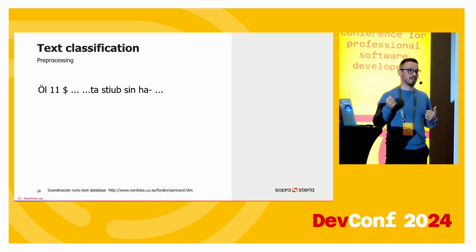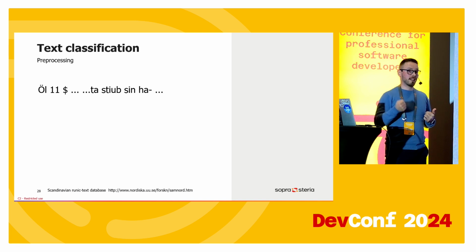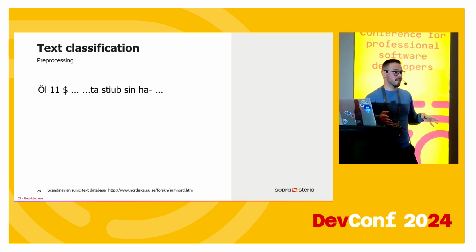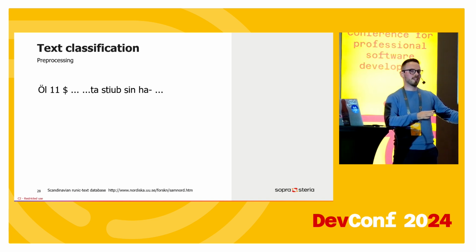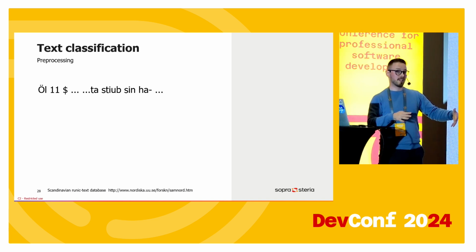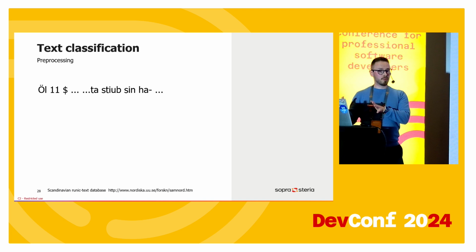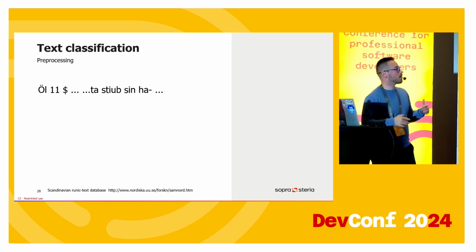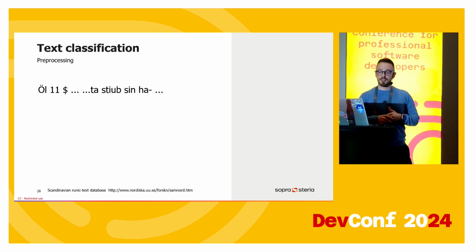The second step is pre-processing of the data, like cleaning the data. And this is one of the most difficult or most time-consuming tasks. And this is a warning for you, because using ML.NET is very easy, but everything before training the model is time-consuming. You need to understand the data. That's why I told you about the Swedish language history. And you need to know how to deal with it. Here's an example from the Scandinavian runic text database.